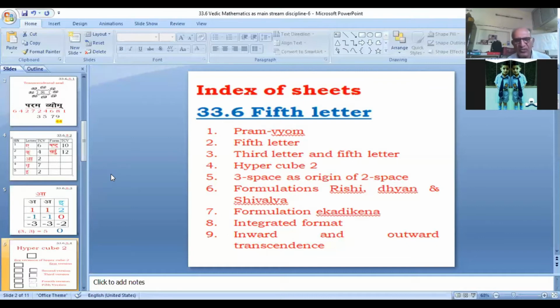As such, the transcendence at the origin of four space is going to be the transcendence of the solid order, and its superimposition is going to be upon the spatial order of the four space.